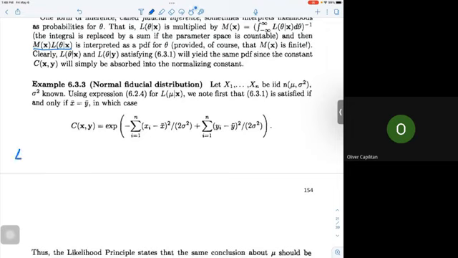our likelihood function of mu given the observed sample point x, this is what is written, is equal to this PDF.